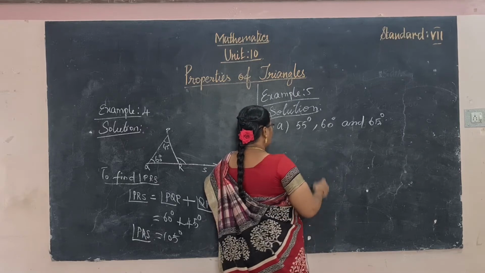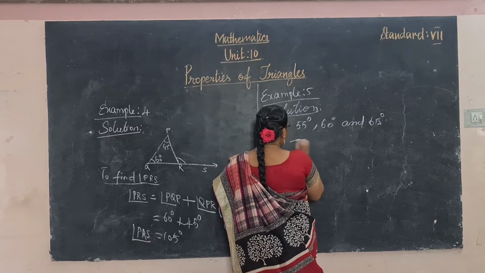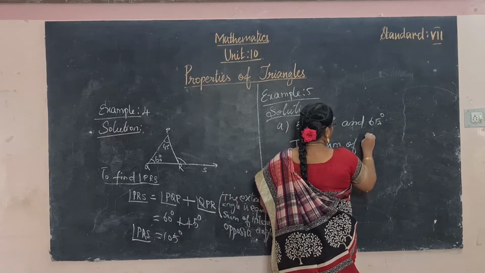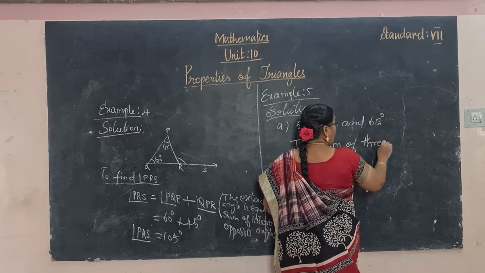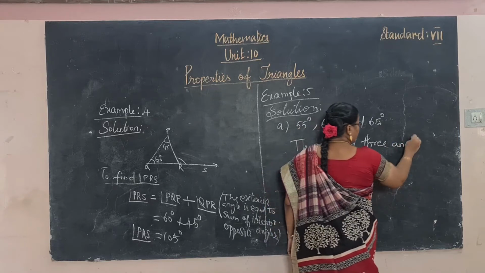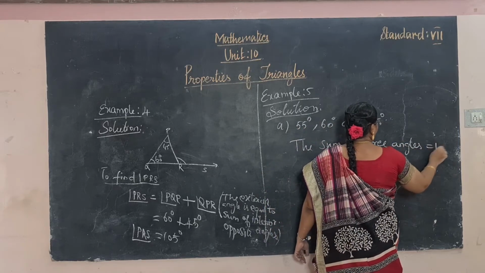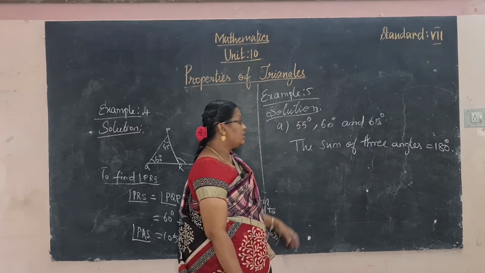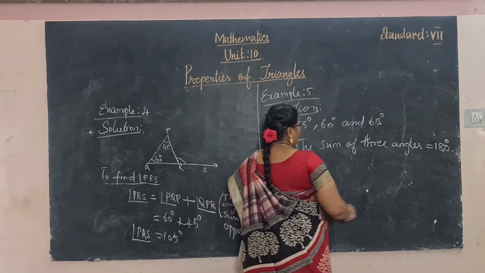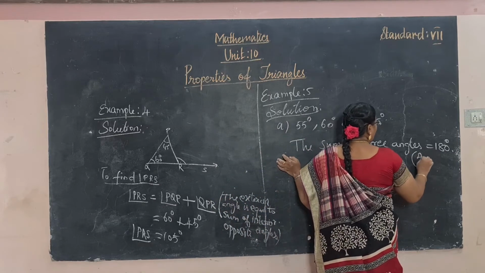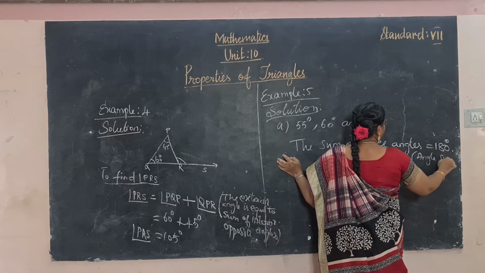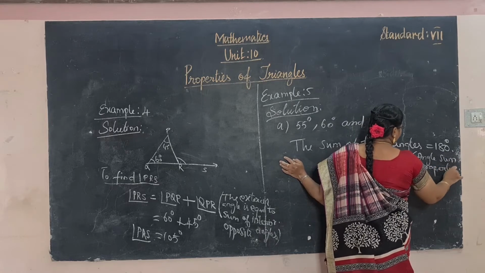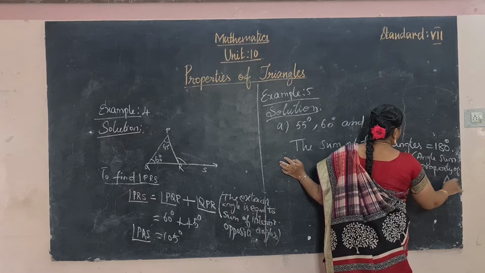Okay, so let's see. The first one is the sum of 3 angles. Sum of 3 angles is equal to 180 degree. Within a bracket, angle sum property of triangle.